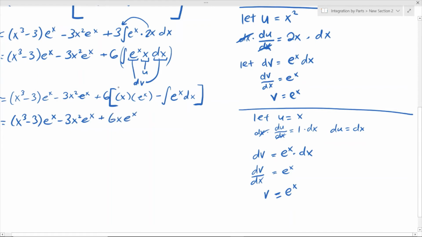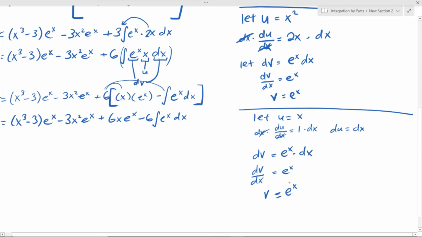Here, this is 6 times negative the integral of e to the exponent of x. It's negative 6 times this integral, we're just using the distributive property to each one. Now the integral of e to the exponent of x, as mentioned before, is e to the exponent of x, because the derivative of e to the exponent of x is e to the exponent of x.